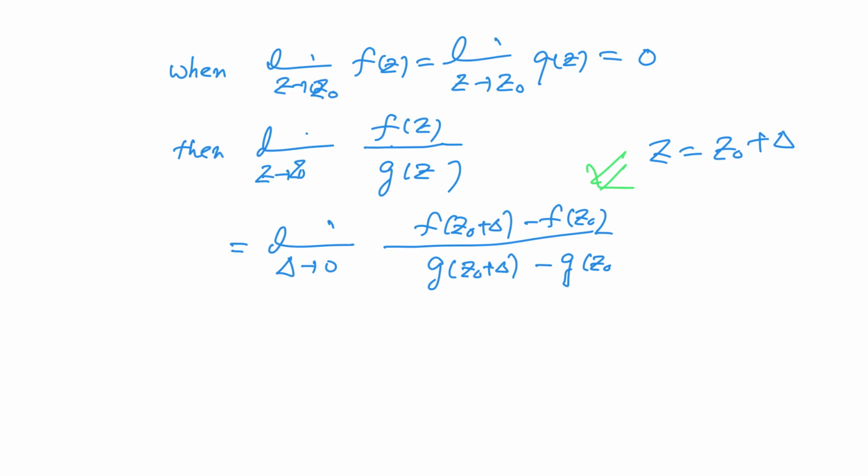Then this limit, z approaches z naught, is the same as delta goes to 0 with this. And of course, we know that g of z naught is 0 and f of z naught is 0. So we just subtracted 0, so this doesn't change anything.